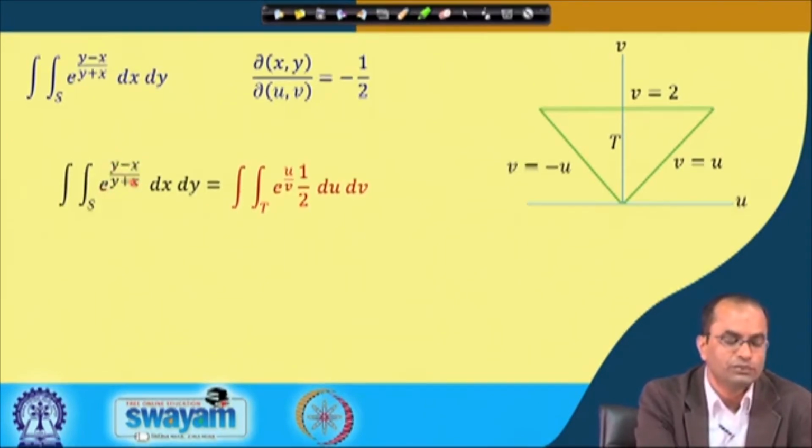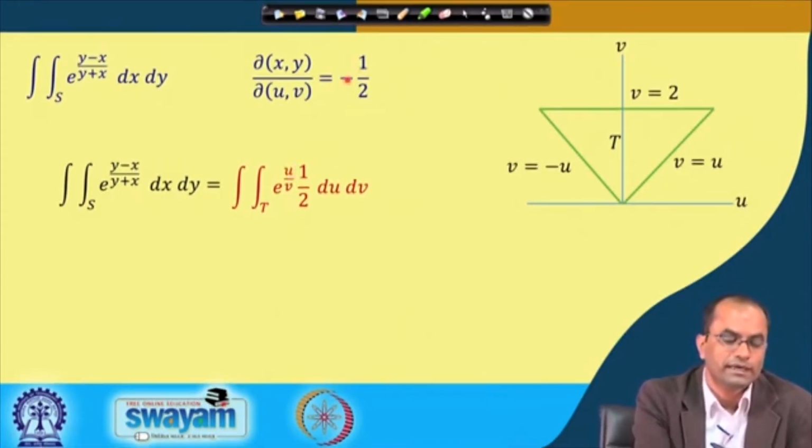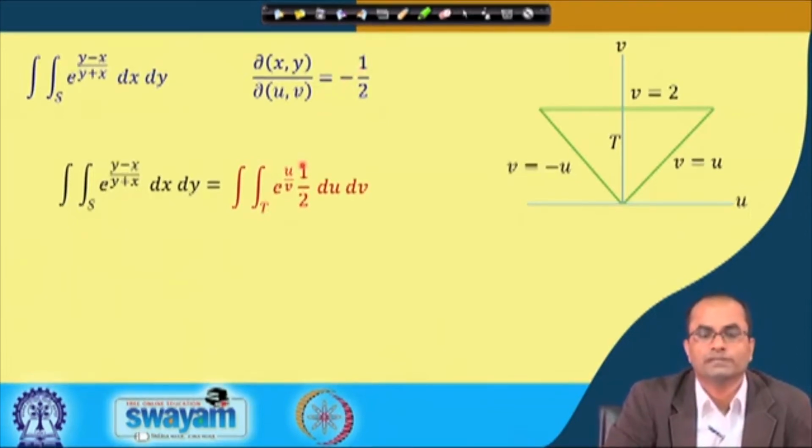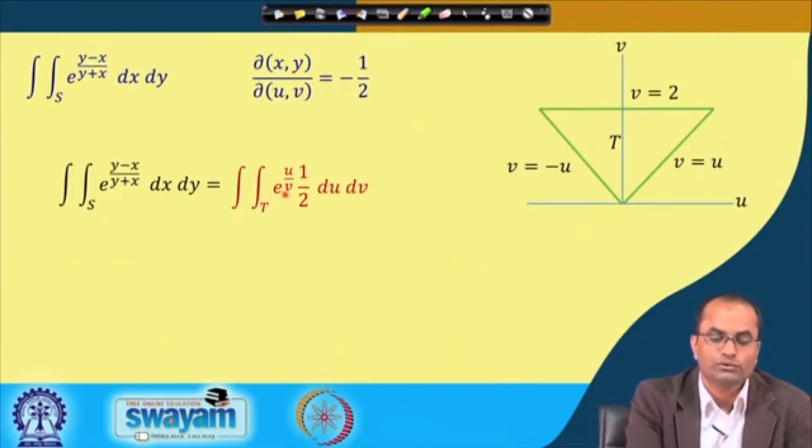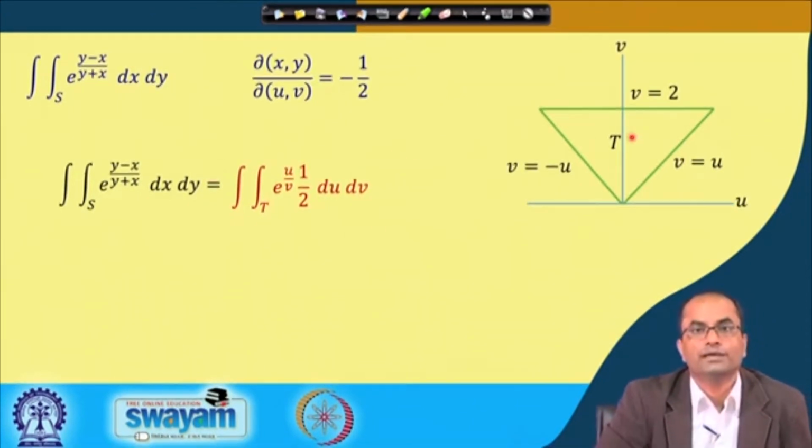This was u and this was v. So, e power u over v, and this half because of the Jacobian. Again note that this was minus half, but in the integral we will always take the absolute value. So, this is coming as half here, and then du dv, which we want to integrate over this new domain T in terms of u and v.